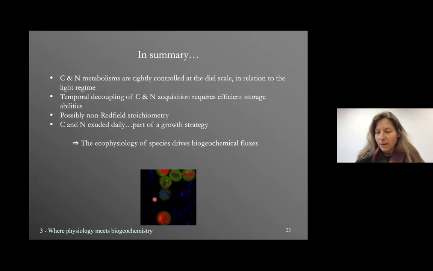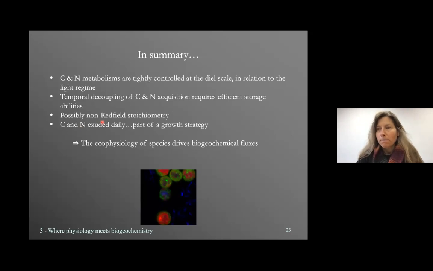And there is then in diazotrophs, at least in the unicellular strains, this temporal segregation between carbon and nitrogen acquisition, which will necessitate efficient storage abilities. So that means that the organism must be able to fix much more carbon than it actually requires for its growth. And there is a possibly non-Redfield stoichiometry observed in those organisms when we grow them in light regimes that are not balanced.